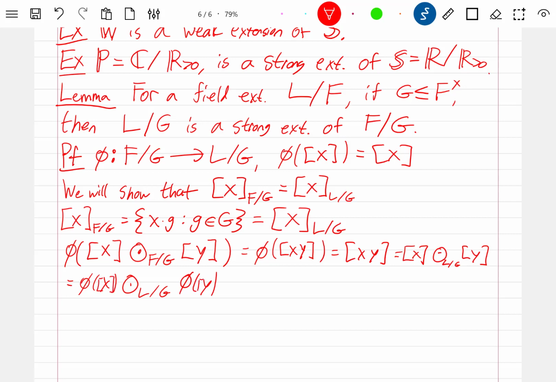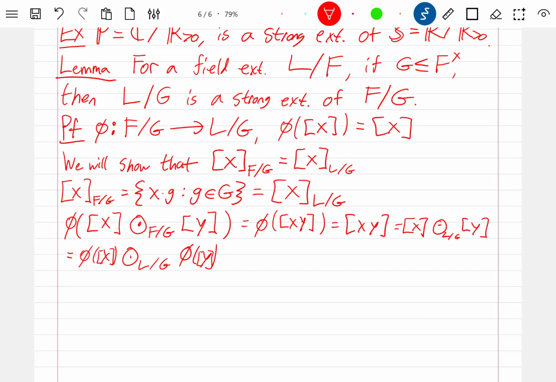And that is the proof that multiplication behaves the same. Basically, it's just inherited, since we're modding out by the same group.